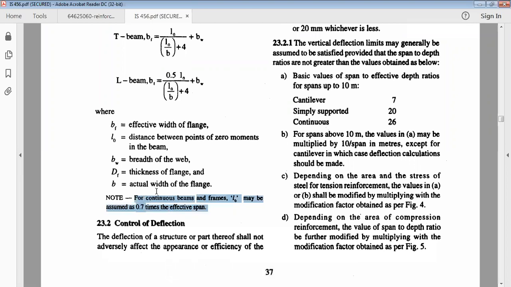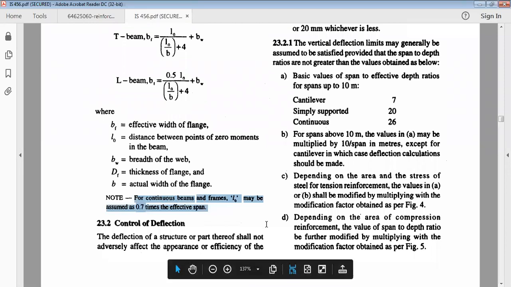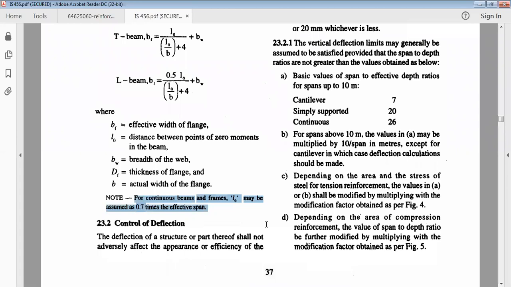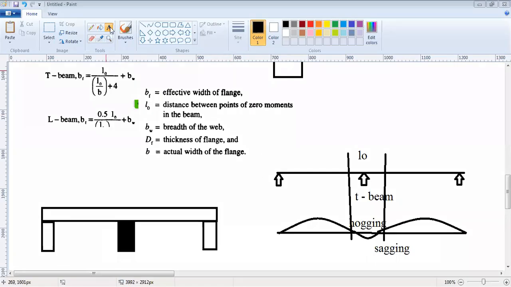Now, which of the beams? I think it's the larger beam that you have to take, and then you will get the distance between the points of the zero moments. So it's actually taking for a continuous beam, and it's considering this as L naught, not this.